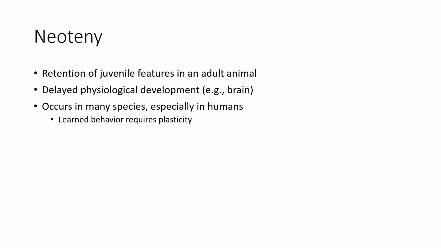And we think that this is because of multiple reasons. Maybe this delayed adolescence is really allowing for more brain plasticity. So this allows us to learn behavior through experience over a longer period of time. So it allows us to have a more complex brain structure.